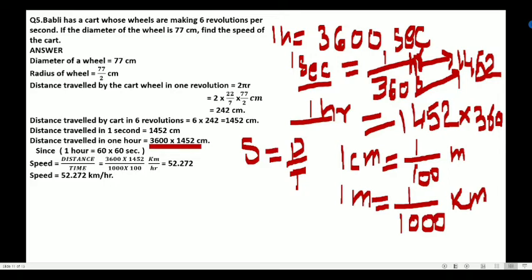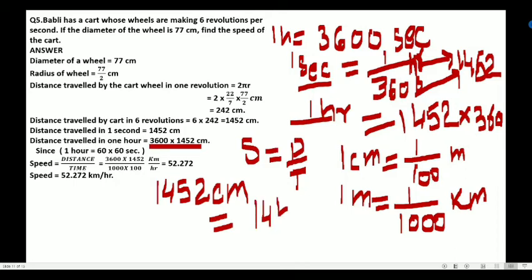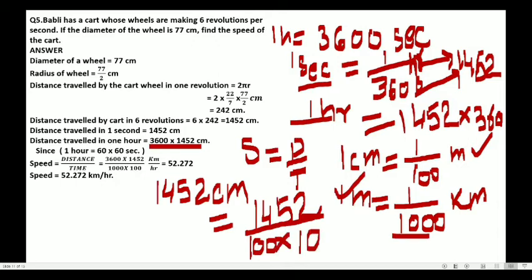So directly you can now see that for 1452 centimeter, if we need to convert it into meter, firstly we have to divide it by 100, because then it will convert into meters. Now again, to convert this meter into kilometer, we have to divide the result by 1000.